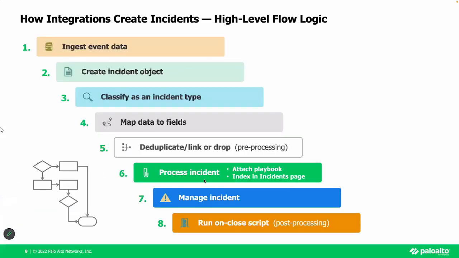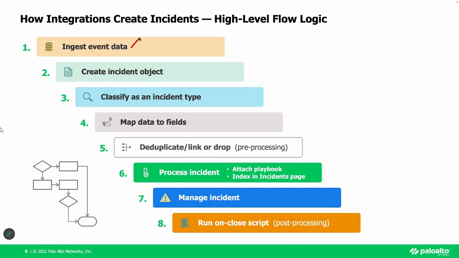So let's go through the high-level flow logic. During the whole course, we'll be explaining each step of this. So the very first thing, remember that I told you this is an incident-driven tool, is to ingest incidents. Okay.